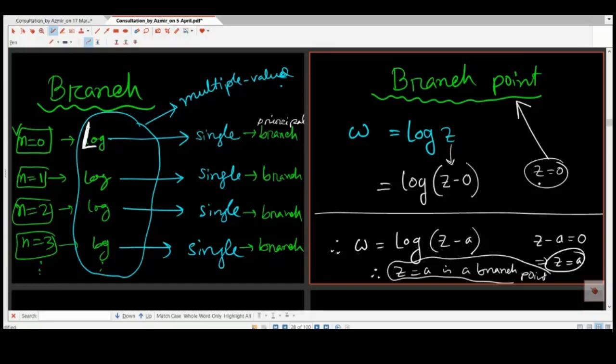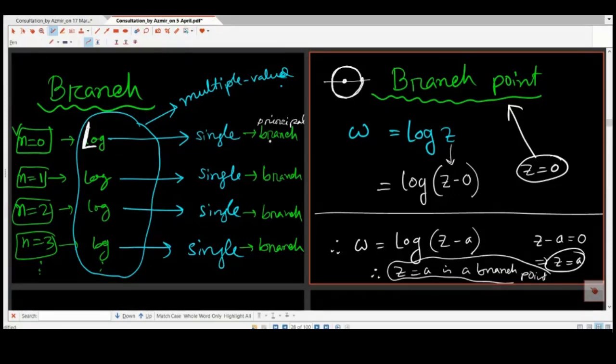That means z equals 0 is a branch point. We can define branch point in another way. A branch point is a point that can be the center of a circle. So say we have this circle.